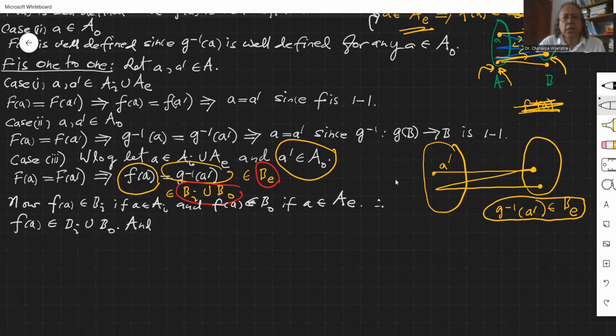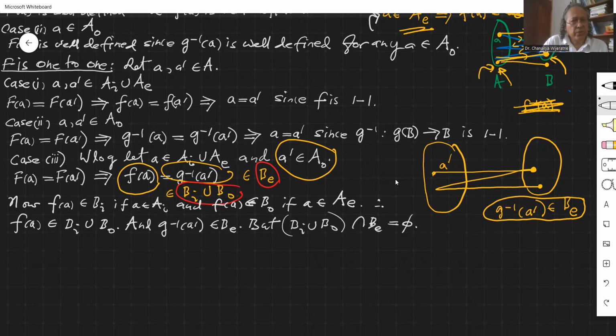And g inverse of A prime belongs to BE, but BI union BO intersection BE is empty. So therefore, this is a contradiction.